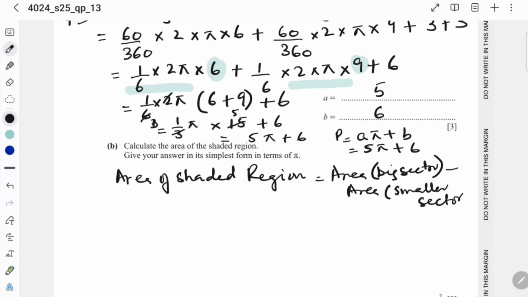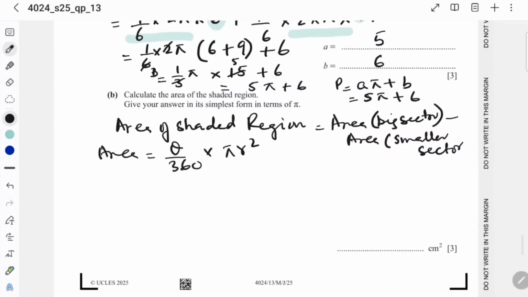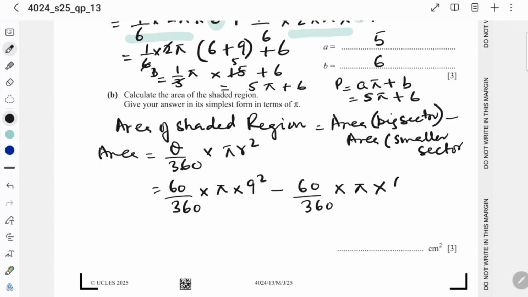The area is theta over 360 degrees into pi r square. But you have to keep the bigger sector first. In perimeter, it won't make any difference whatever you write first or last, because we had to add. 60 over 360 degrees into pi into 9 square minus 60 over 360 degrees into pi into 6 square.